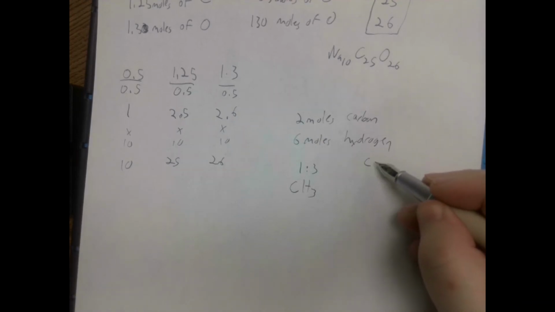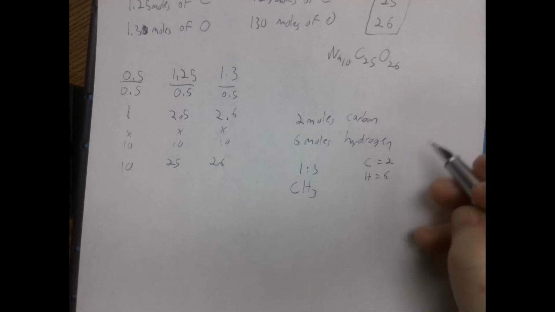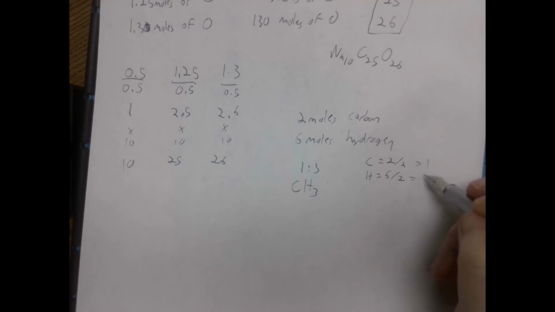So it's going to be a 1 to 3 ratio, so basically CH3. For the carbon we have 2, and hydrogen is 6. We can divide both of these by 2. I really don't like how they describe doing this. You just keep manipulating these numbers until you get whole numbers.